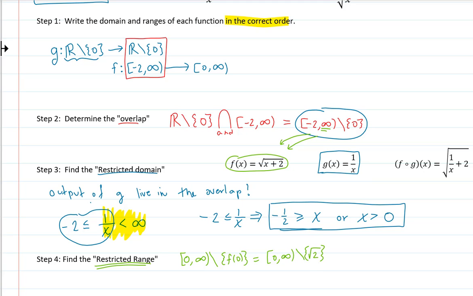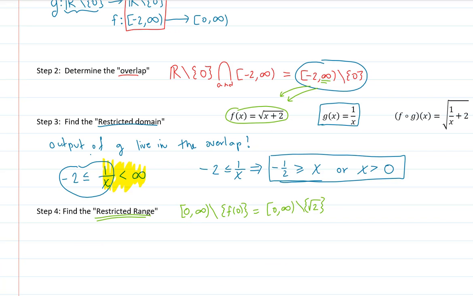Okay, now we have our function formula, f composed with g evaluated at x is the square root of 1 over x plus 2. And we know that this function goes from our restricted domain. I'm going to write this in a nice pretty way. It looks like it's from -infinity up to -1/2, union, not including 0, up to positive infinity.